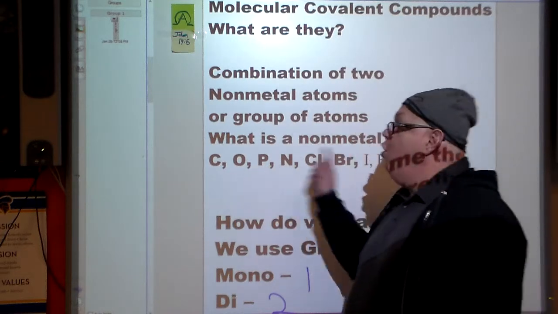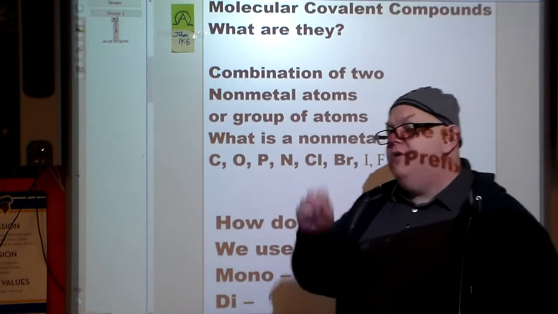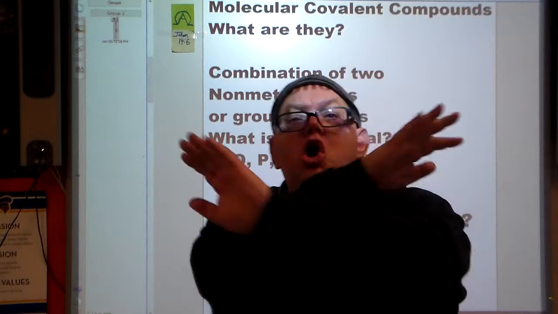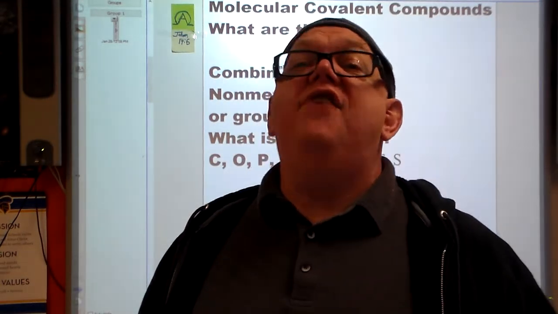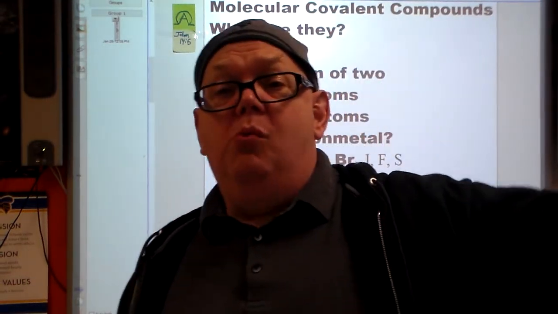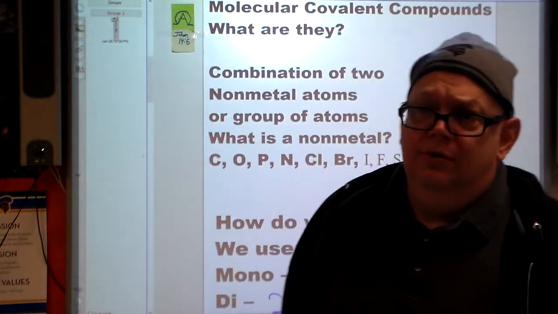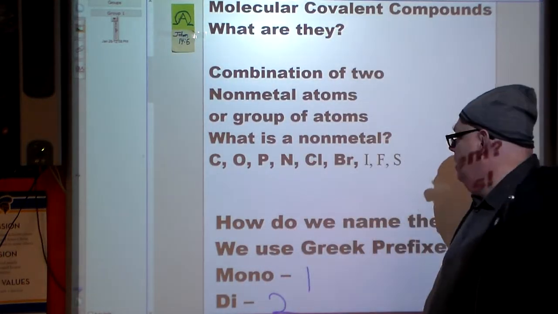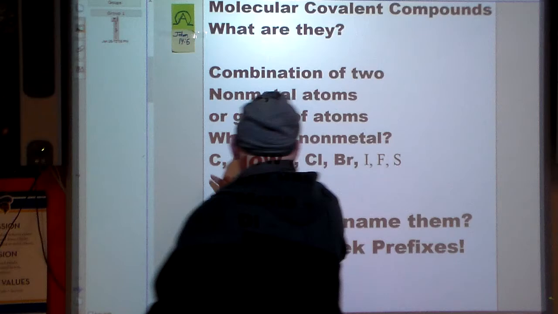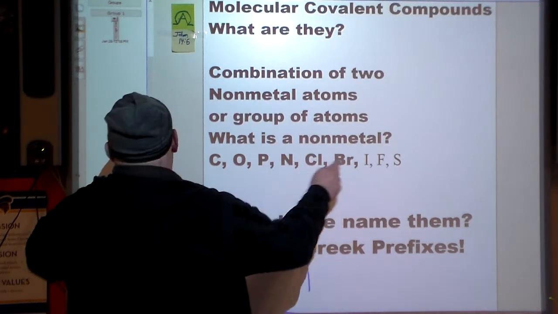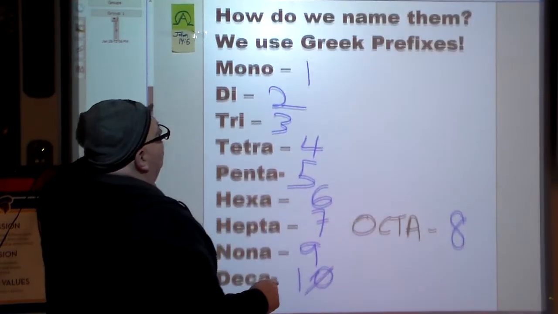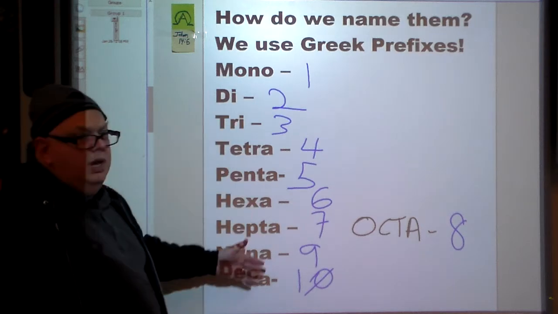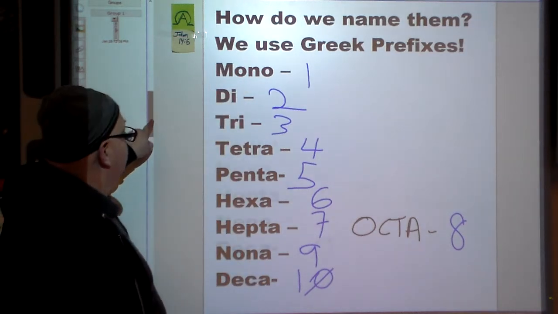There are no metals here. If you have a metal with a non-metal, turn off the video for the 50th time and go watch the other video that deals with it. So we talked about what non-metals are, and you've seen those here. How do we name all our prefixes?